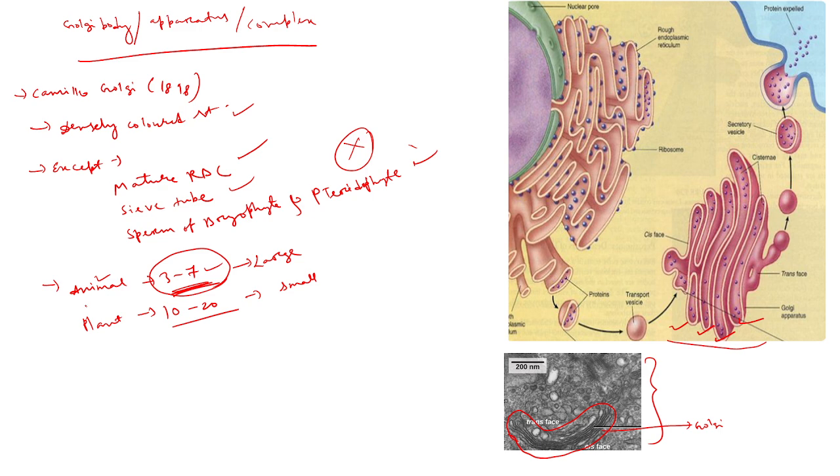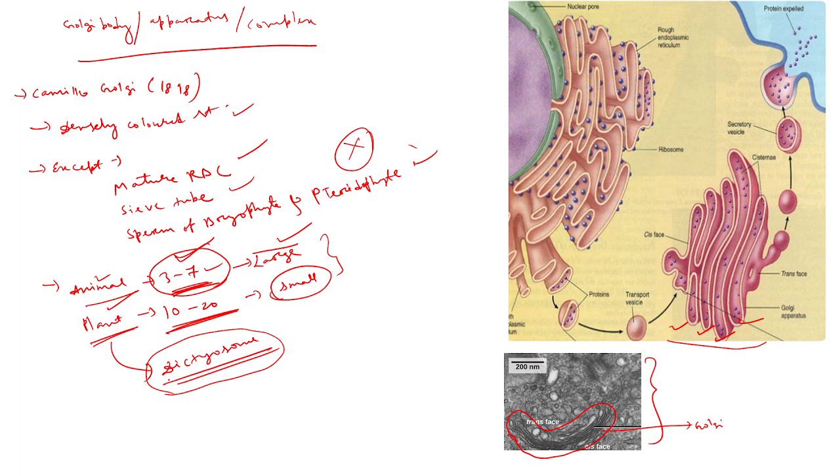So in the animal the number is low but the size is very large, but in the plant the number is large but the size is very small. And that's why in the plant the Golgi body is called the dictyosome. So what is the dictyosome? It is simply the Golgi body present inside the plant.